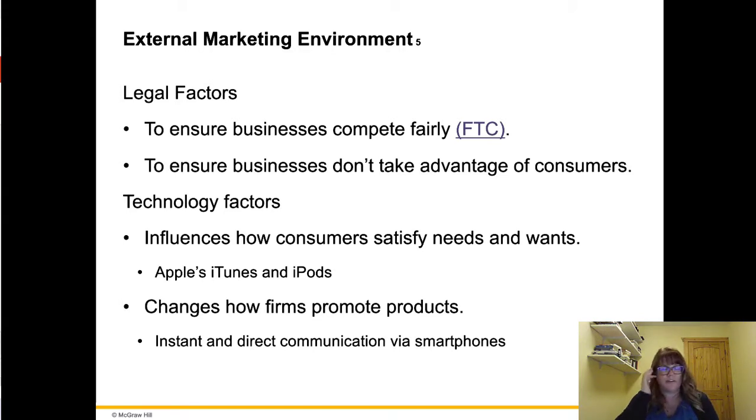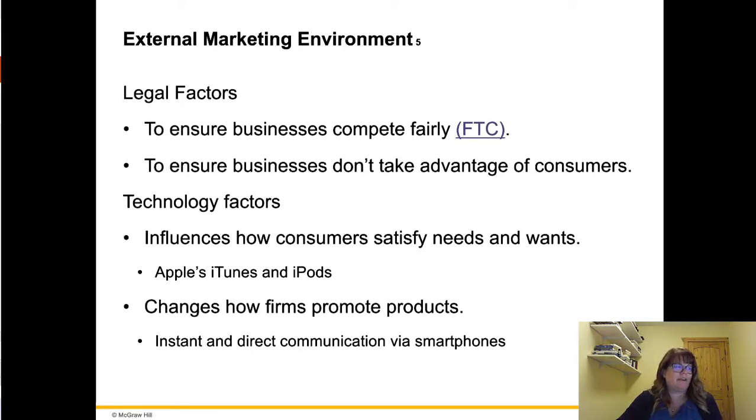Of all the external factors, rapidly evolving technology arguably represents one of the most significant challenges, as well as one of the most significant opportunities for marketing professionals. Technology influences how customers satisfy their needs and wants, the basic concept underlying all marketing activities.